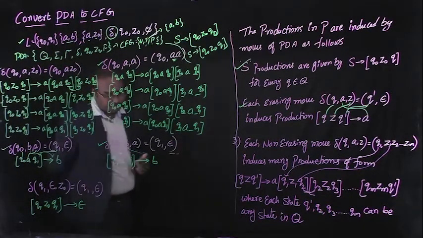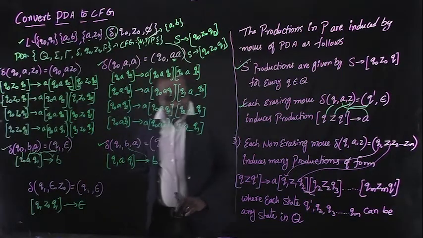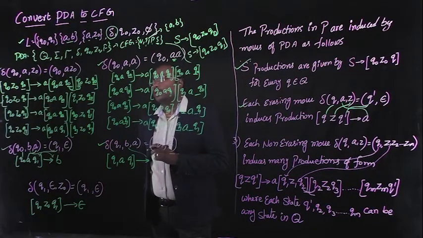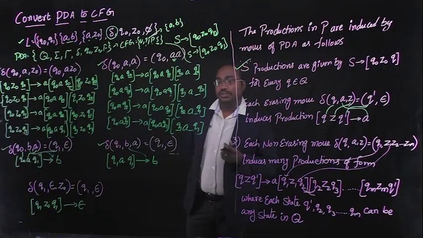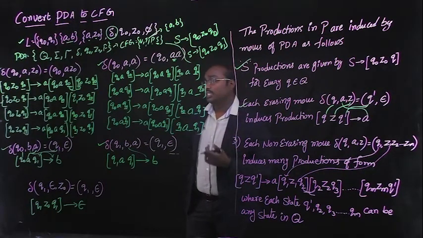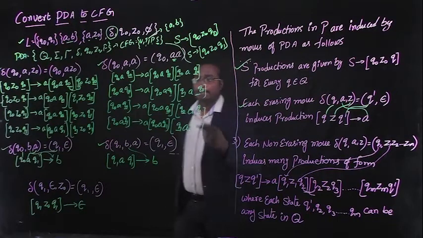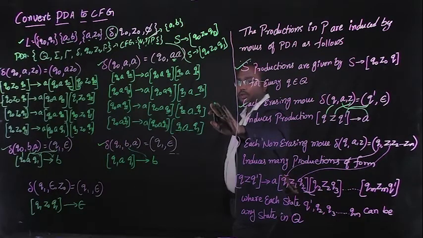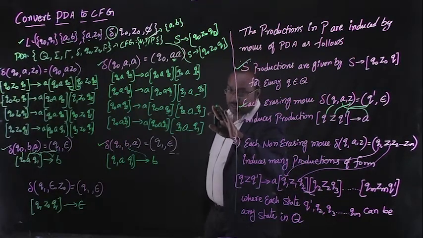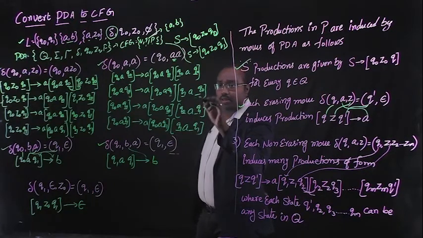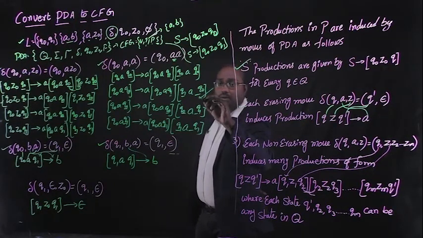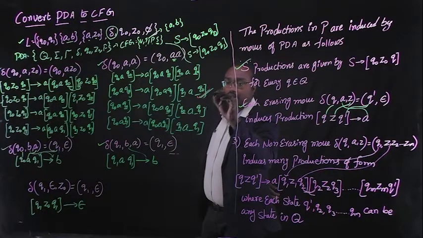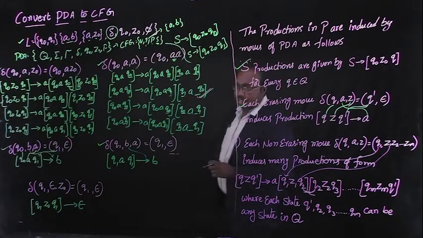Okay, so how do we remove the useless productions and epsilon productions? First we see [Q1 A Q naught].